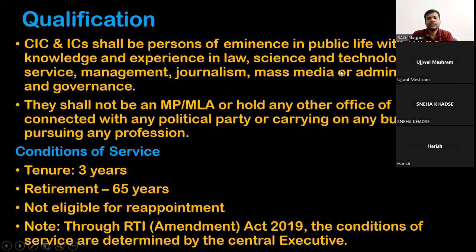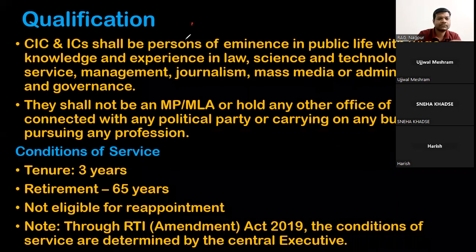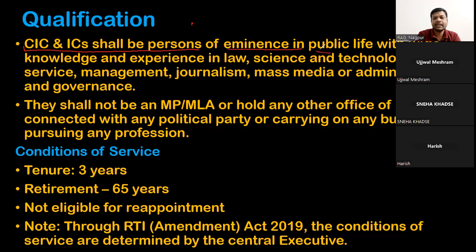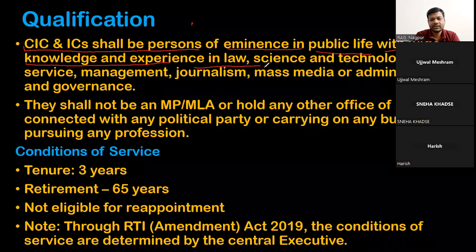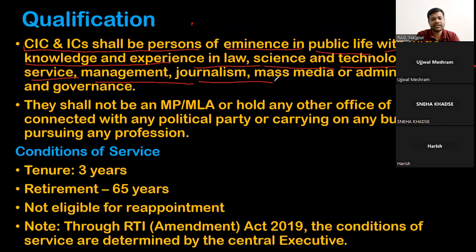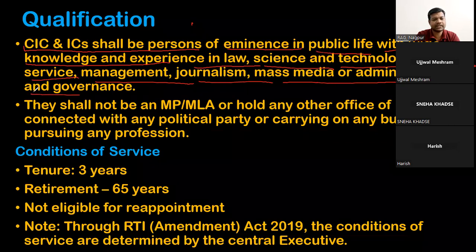Now to become CIC, you need to have some qualification, and this is not the educational qualification. The CIC and IC shall be persons of eminence in public life with wide knowledge and experience in law, science and technology, social service, management, journalism, mass media, or administration and governance.